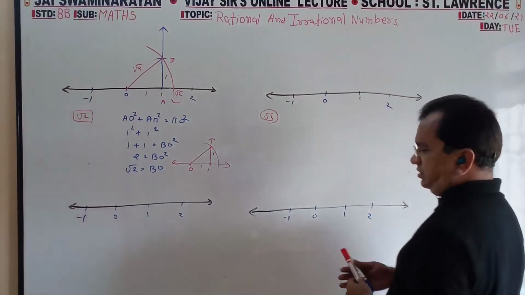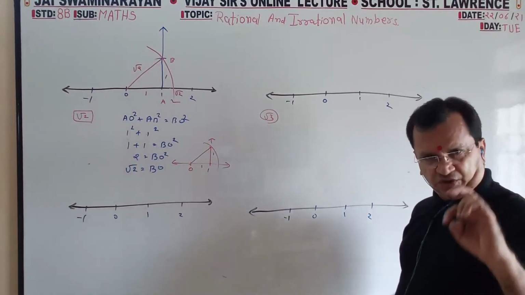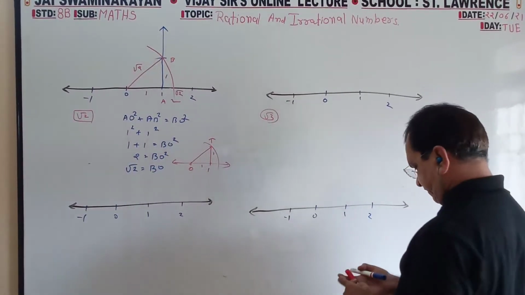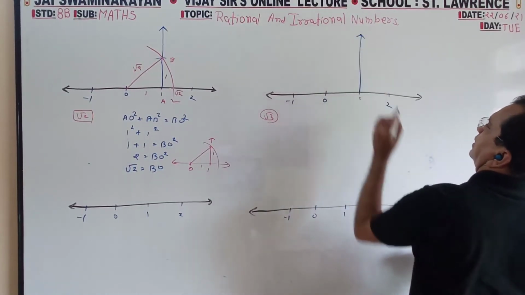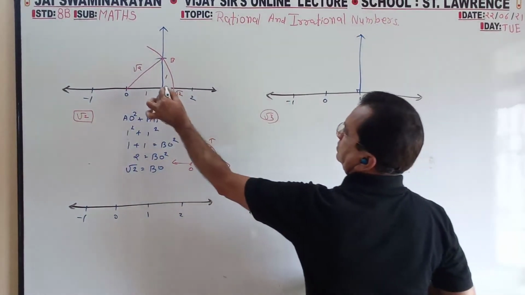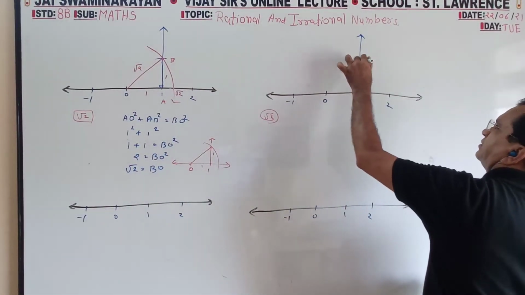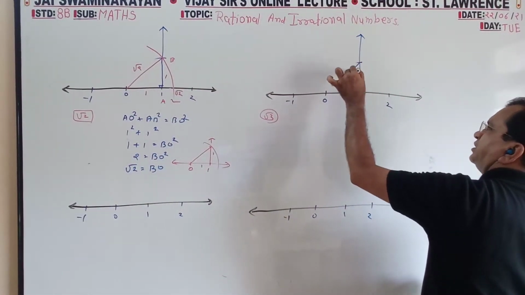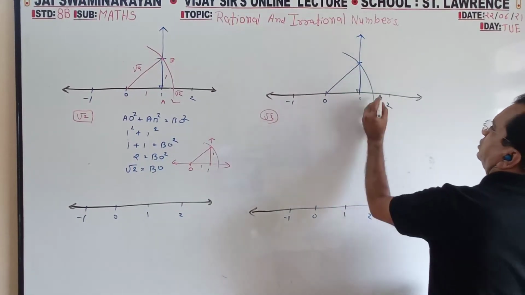For root 3, root 2 is a must, so you repeat it first. From here you draw a perpendicular, then 3 centimeters, 3 centimeters. Then join this and cut this. So this is root 2.